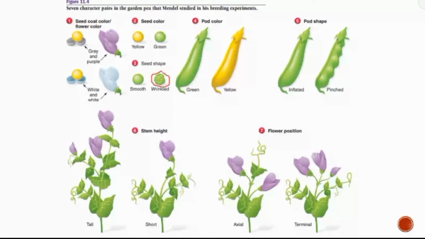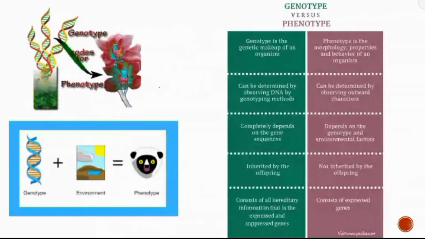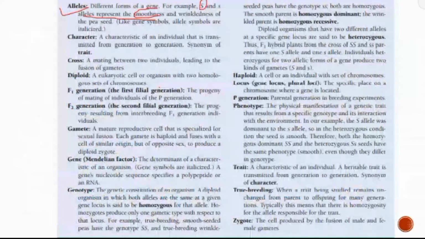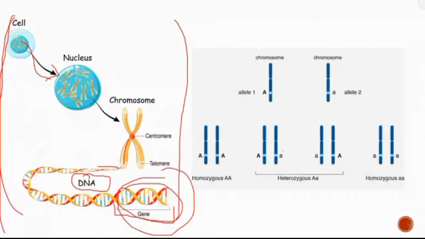The chances of getting the wrinkled seed shape are less compared to the smooth seed. Why? Because it is the recessive phenotype, the gene that codes for the wrinkled phenotype is recessive. Dominant means what? It can show its effect, it can mask the effect of the recessive gene that is present on the chromosome.